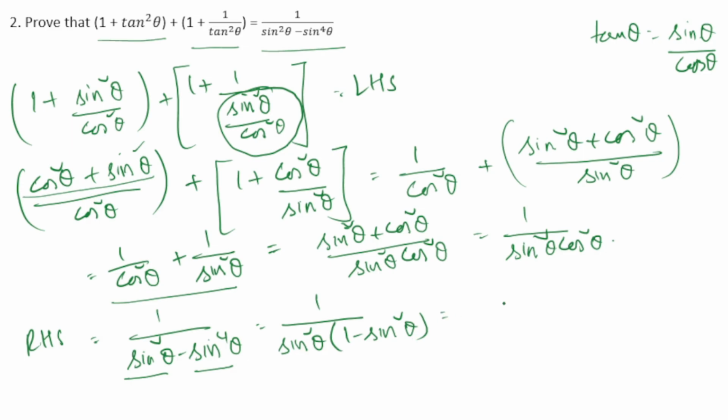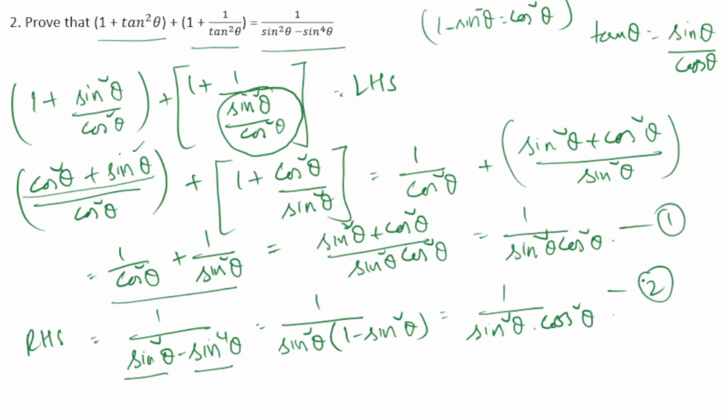And what is 1 minus sin square theta? 1 minus sin square theta is equal to cos square theta, because sin square theta plus cos square theta is equal to 1. So here we'll get 1 by sin square theta into cos square theta. See here, first and second expressions both are same. We have proved it.